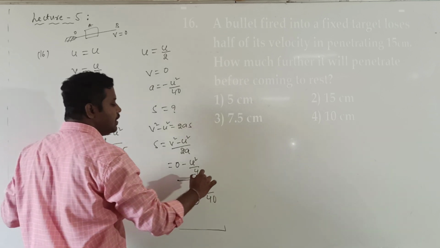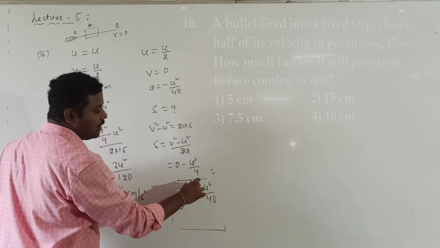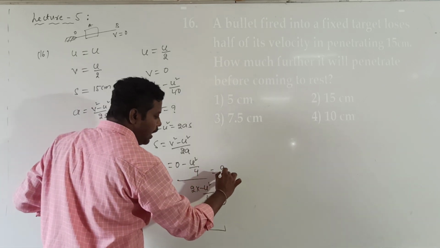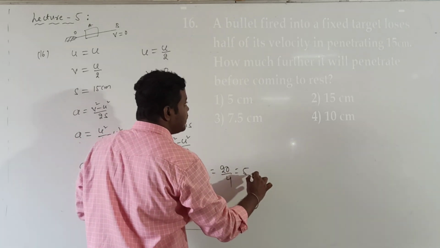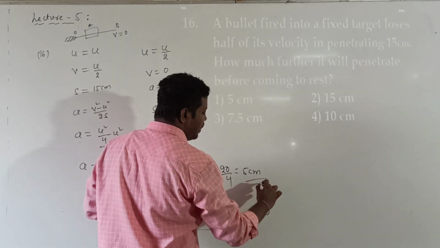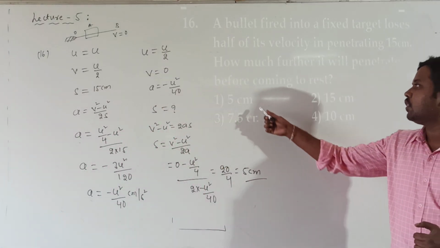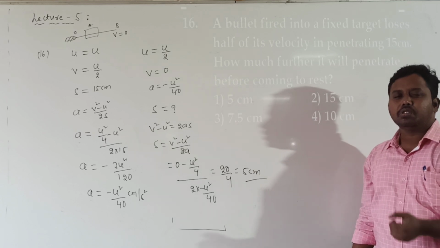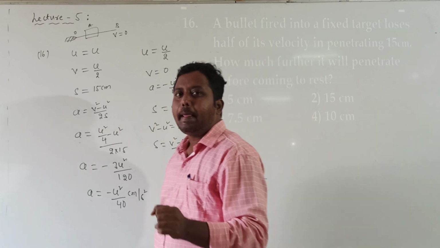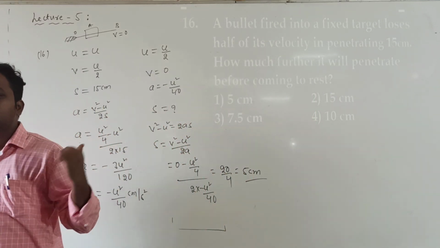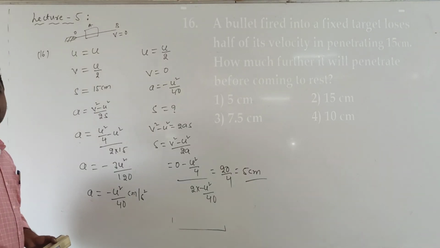Then what I get as the answer? u square cancels, minus minus cancels, 2 ones are 2, 20s are, I'll get the value of 20 divided by 4, which is 5 centimeters. What is this 5 centimeters? The further distance traveled by the bullet before coming to rest position. Question understood now? In this way we can calculate the further distance traveled by the bullet before coming to rest position. So this is the question number 16.